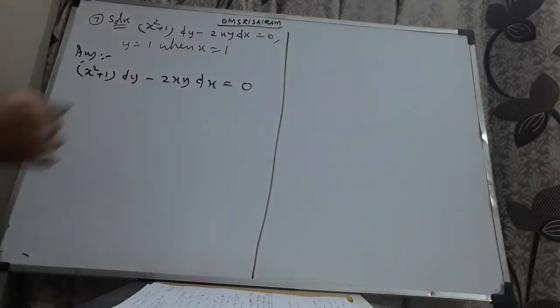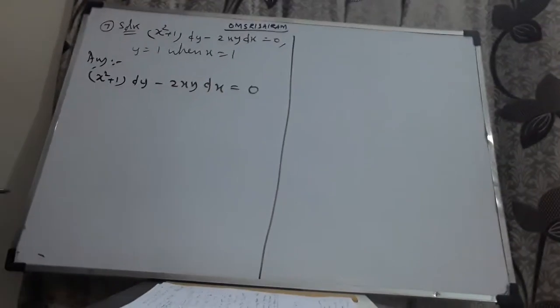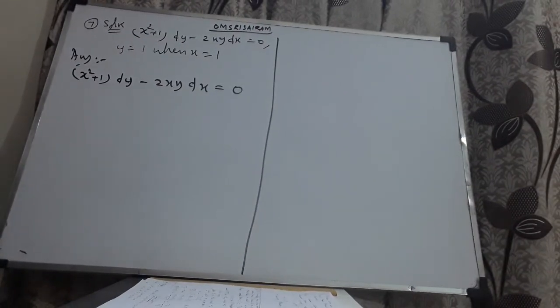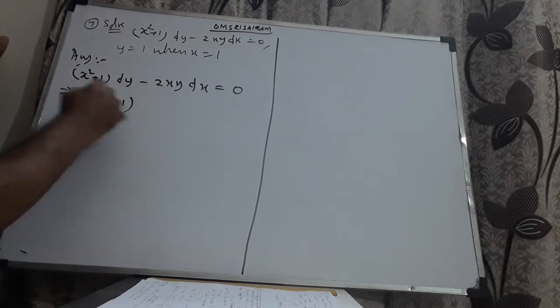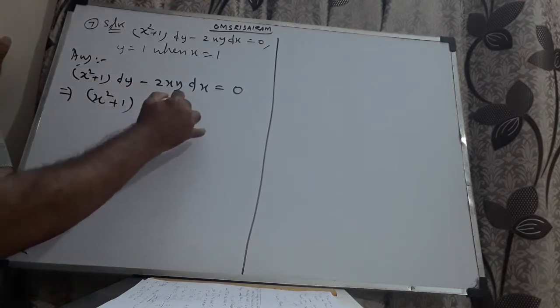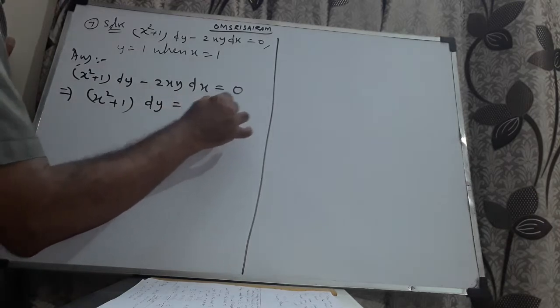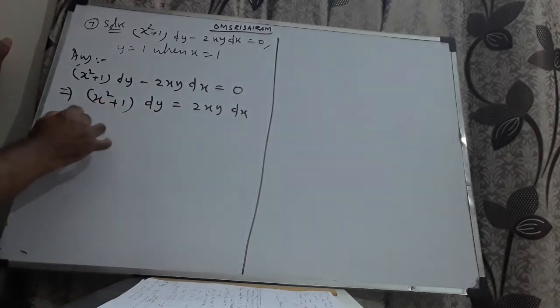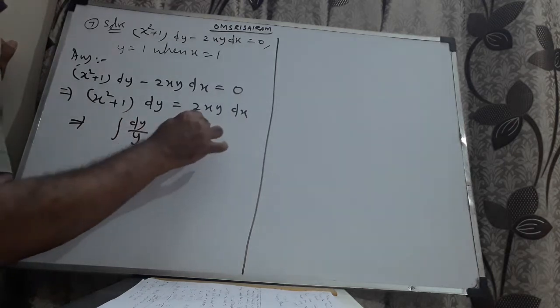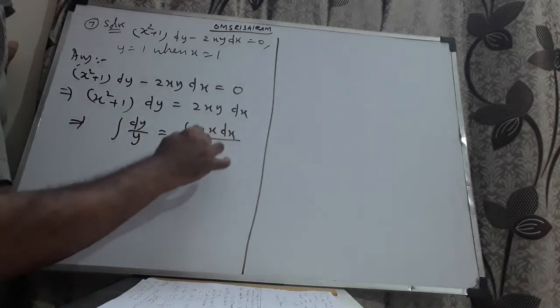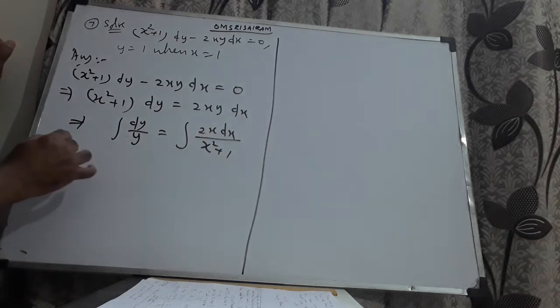(x square plus 1) times dy minus 2xy times dx is equal to 0. Here, x square plus 1 times dy is equal to 2xy times dx, which implies integral dy by y is equal to integral 2x dx by x square plus 1.